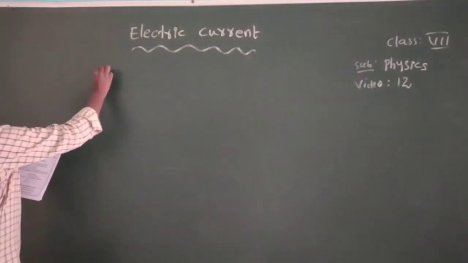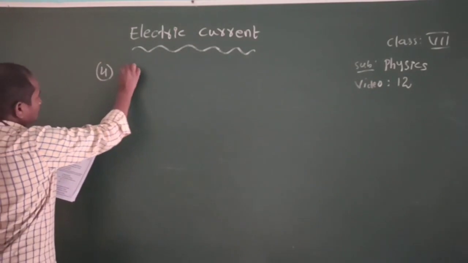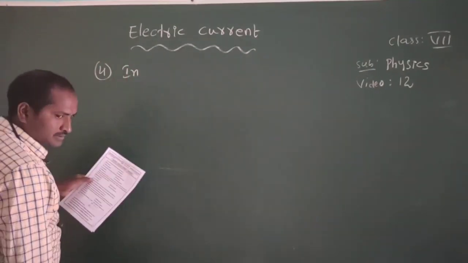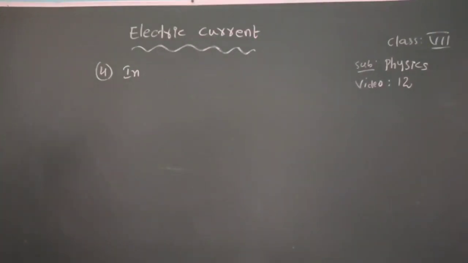Question number 4. In a series circuit, current in all resistors is the same but the potential difference is not the same.